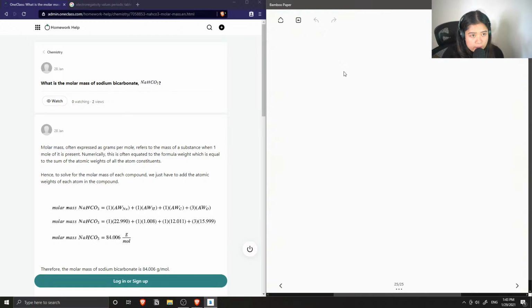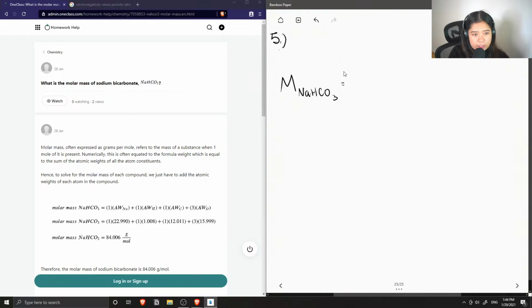Okay, so question number 5 is, what is the molar mass of sodium bicarbonate, NaHCO3? To solve for the molar mass of sodium bicarbonate, we need to know all the individual atomic masses of the atoms involved, and we can find these values using the periodic table.